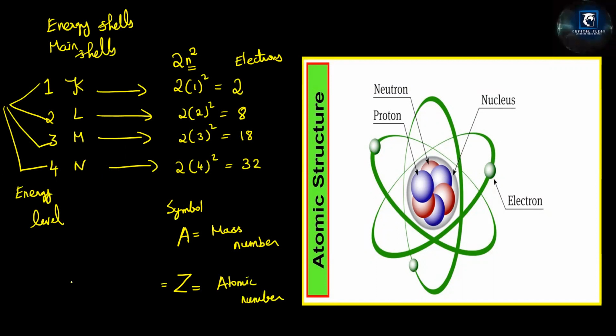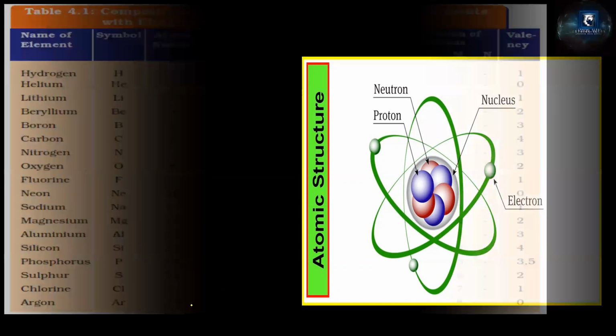Atomic number is nothing but the number of protons, whereas mass number is the number of protons plus neutrons, right? So hope it is clear now.